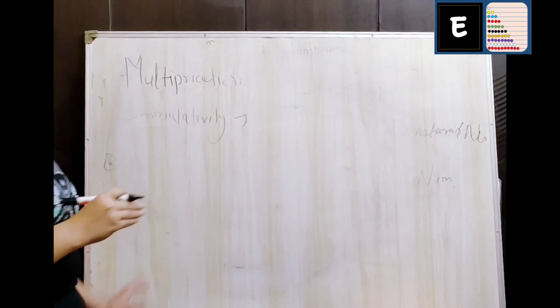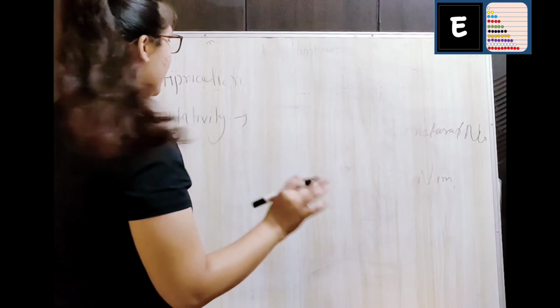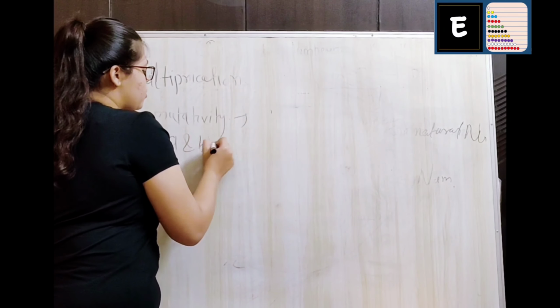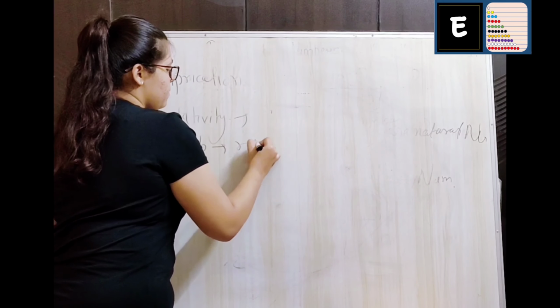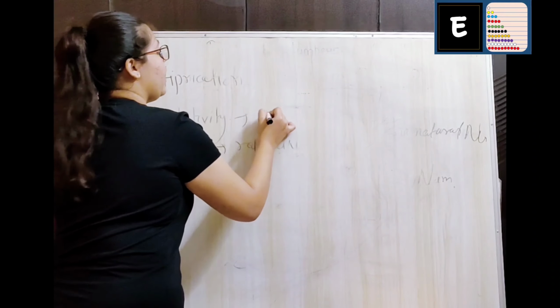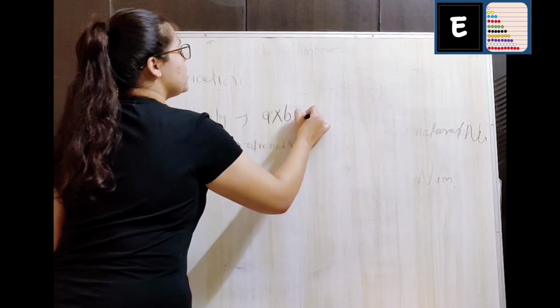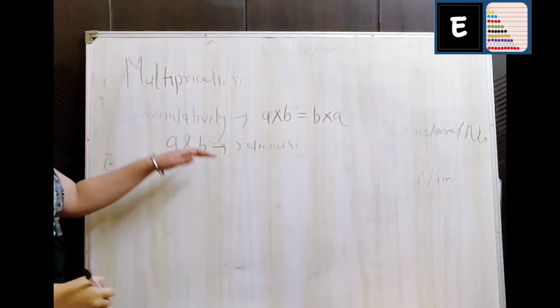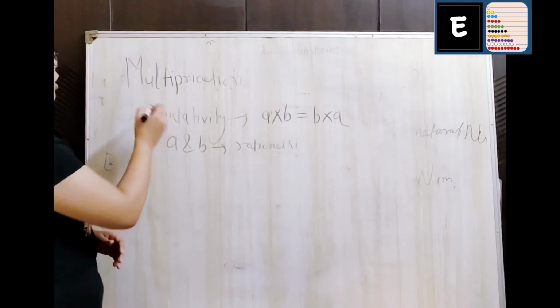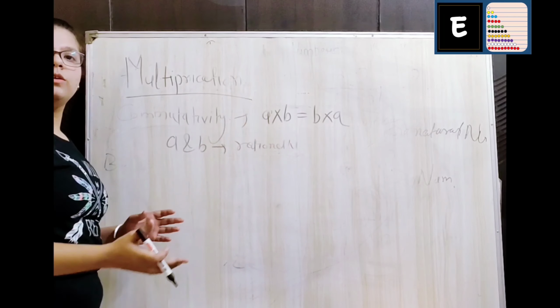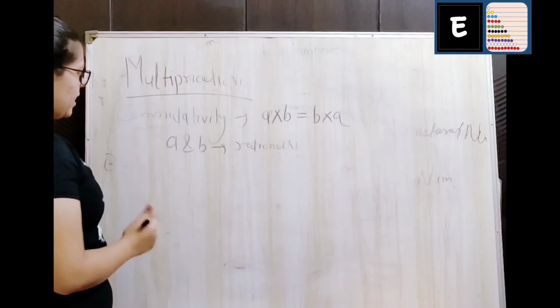In addition, we have learned a plus b is equal to b plus a. Same, if a and b are two rational numbers, then a into b is equal to b into a. Okay, this is our commutative property for multiplication. If we multiply a into b or b into a, the answer will be same.